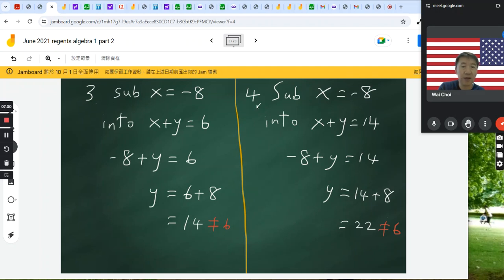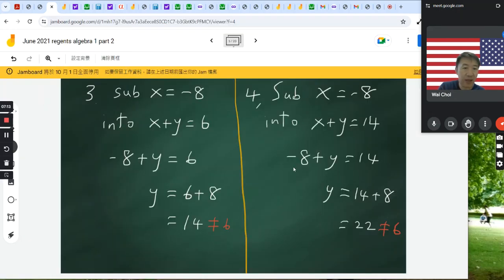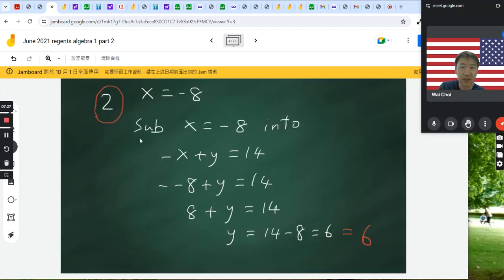Choice number 4, the last one: we substitute x equals negative 8 into x plus y equals 14. Negative 8 plus y equals 14, so y is 14 plus 8, which is 22. Once again, 22 is not equal to 6, which is what we're looking for. So choice 4 does not give us the same solution. The only one that does is choice number 2, which is the answer.